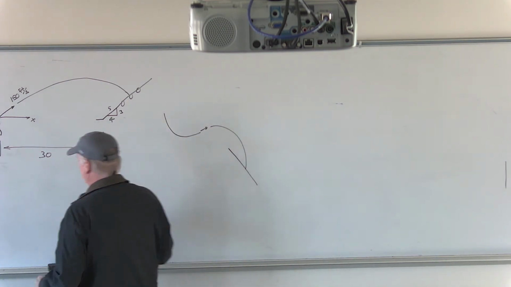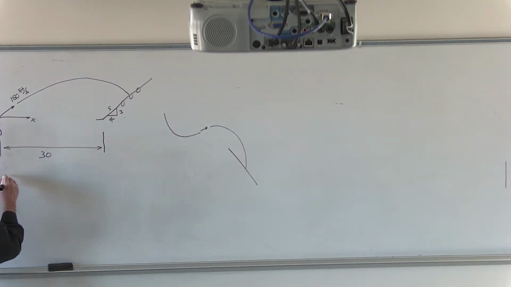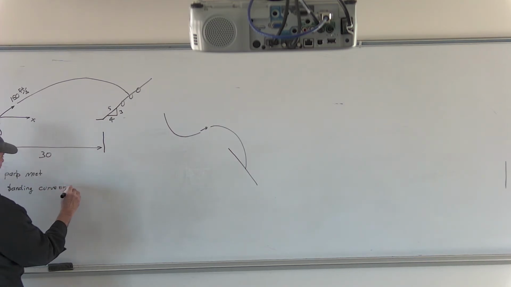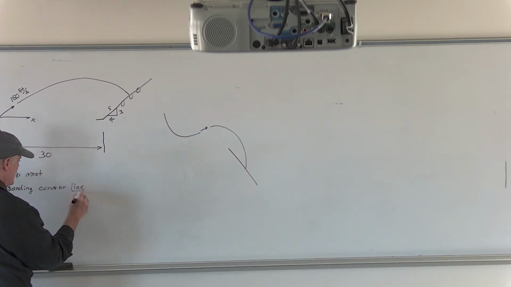So there's a makeup of all these, and that is there's a parabolic motion, and then a straight line, or I'll say a landing curve or surface or line. Most of the time it's a line.